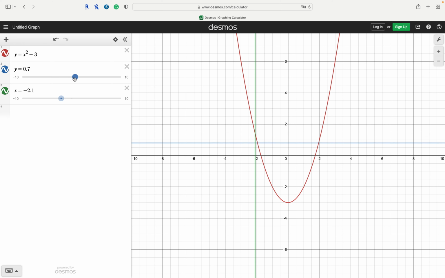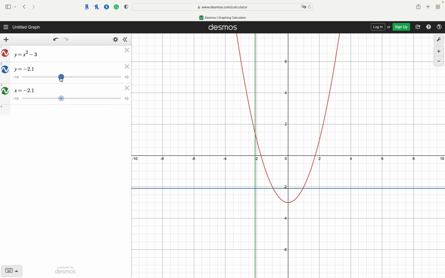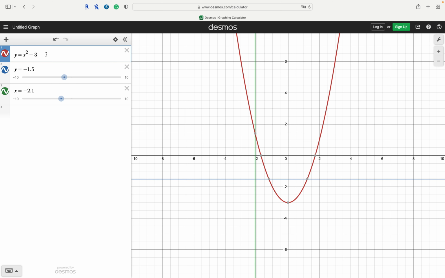But for the horizontal line test, if you go above, it looks like (0, -3), automatically right away the function is no longer one-to-one. And so to make x squared minus 3 one-to-one, the way this is presented, x is less than or equal to 0. And guess what? You have just the left half of the parabola.